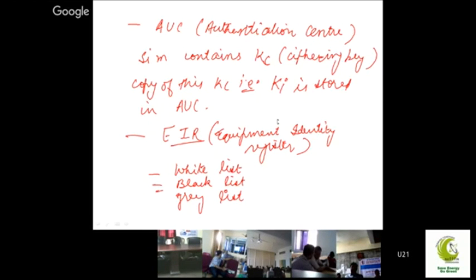As the name says, equipment identity register, this is related to our mobile phones, because equipment identity is related to our IMEI number, that is, International Mobile Equipment Identity. So what's here in that?